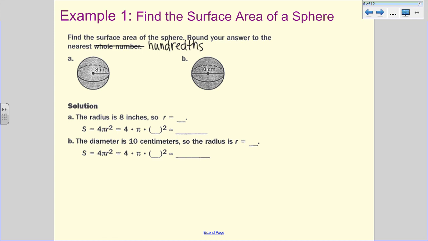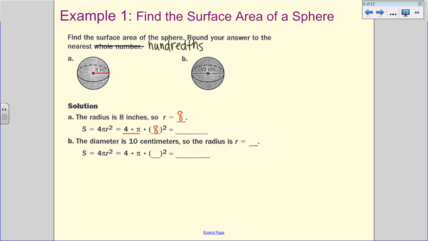So when we look at our first sphere, we can see that from the center to the edge is 8. So that means we have a radius of 8. So our formula is 4 pi r squared. So we're always going to have 4 pi. And then we're going to have 8 squared. So we can go to our calculator and type that in. 4 times pi times 8 squared.